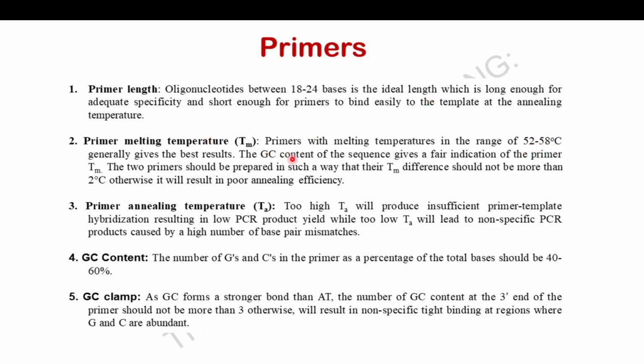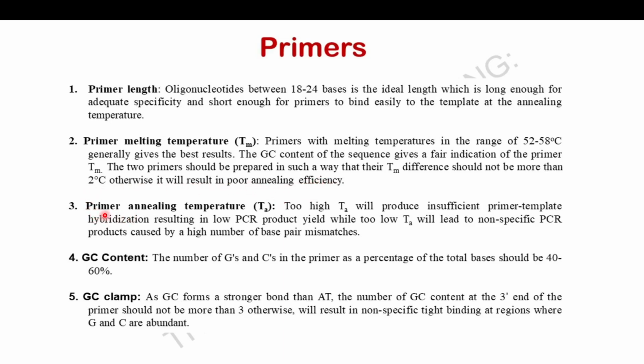Okay. So the GC content of the sequence gives a fair indication of the primer melting temperature, and the primers should be designed such that there is a difference of not more than 2 degrees Celsius. Actually, it can range between 2 to 5 degrees Celsius. Otherwise, it will result in poor annealing efficiency.